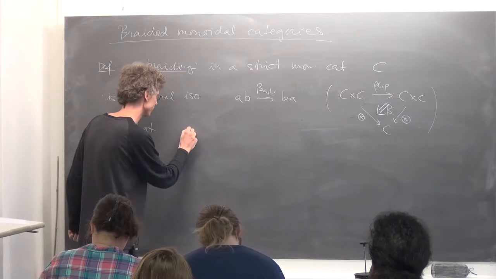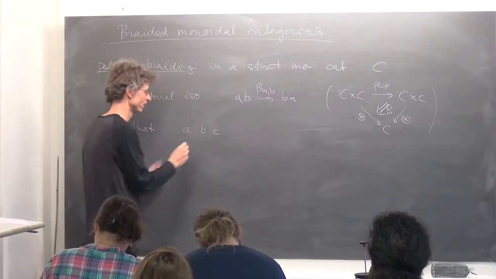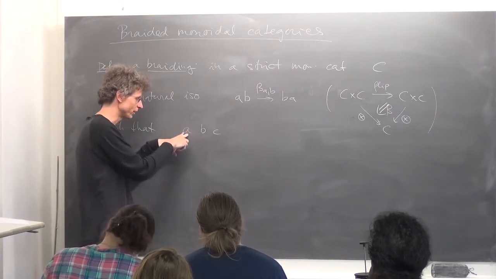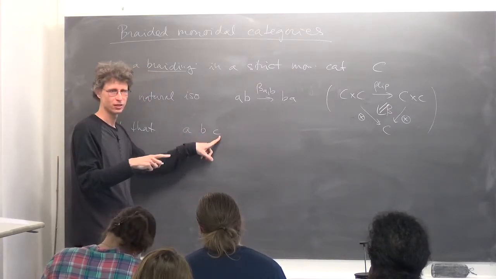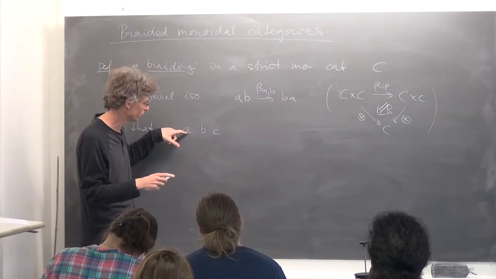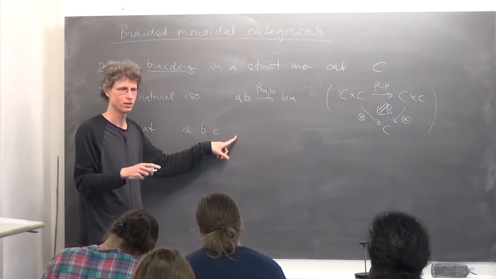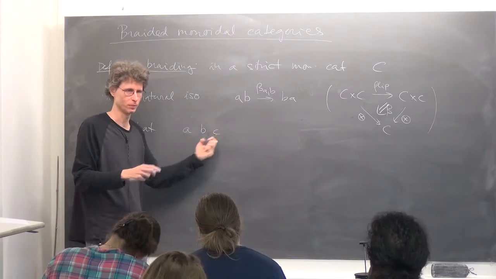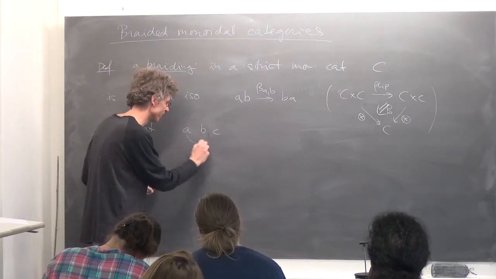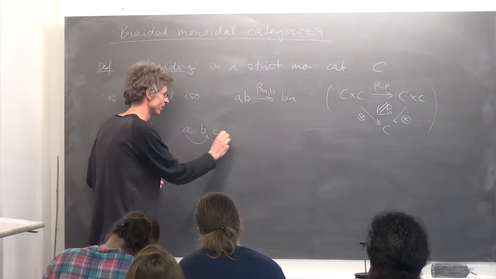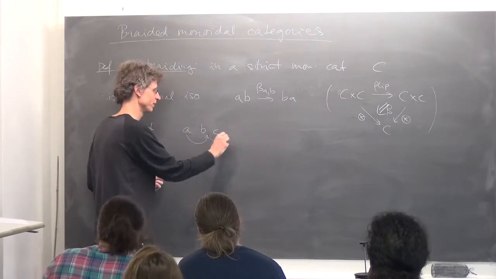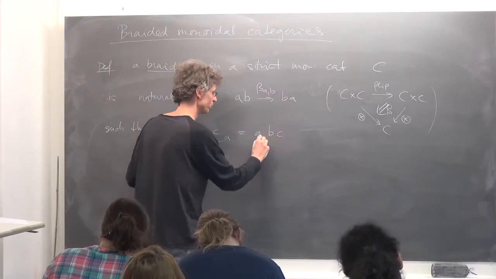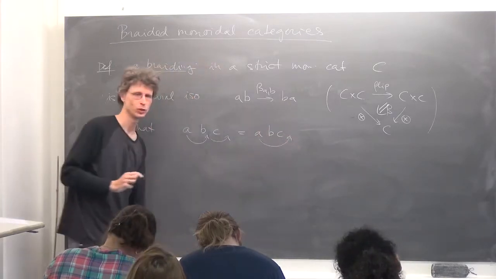We require that we can jump with A over two objects in two ways. We can either jump one by one, or we can jump over their product in one turn. So there are two ways.